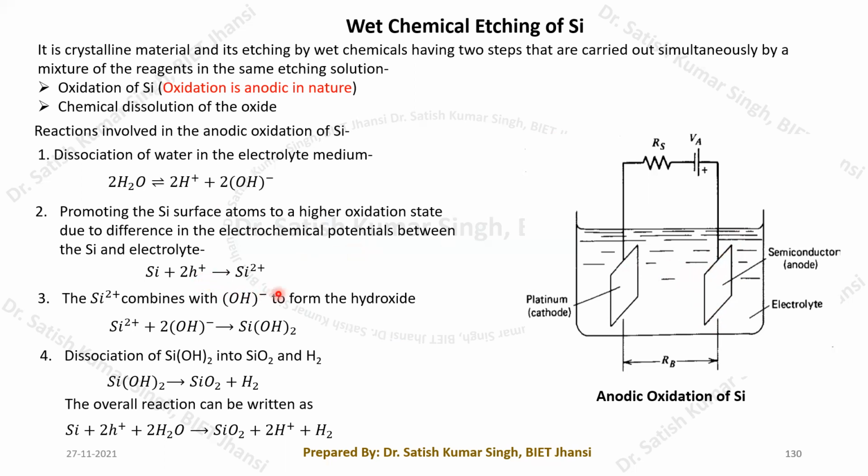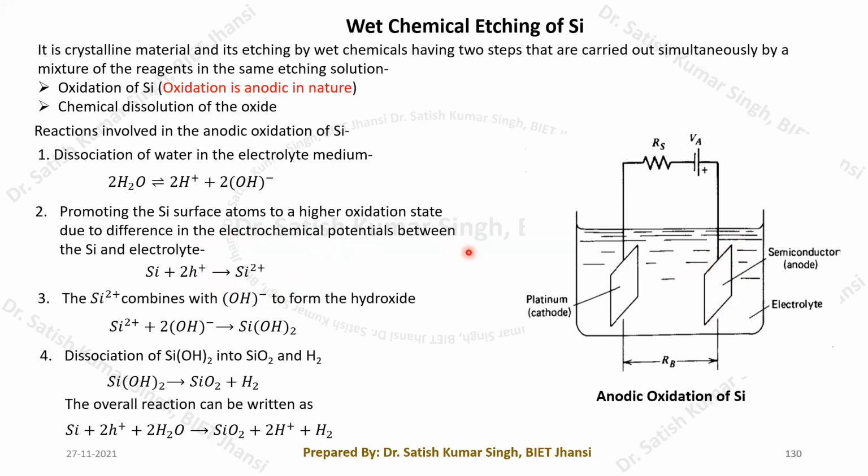It will be in ionized form, forming Si2+ ions. So that you have to remember. Due to this chemical reaction, the silicon surface atoms become Si2+ ions.